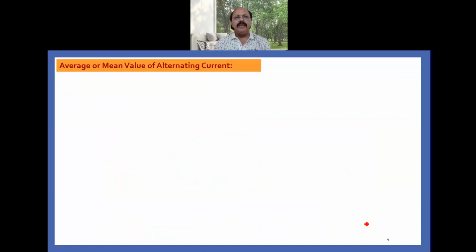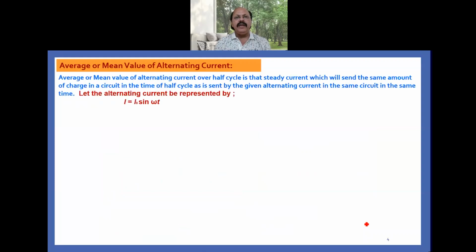Now the new topic is average or mean value of alternating current. So you understand like that here, average or mean value of alternating current over the half cycle we always calculate, because over the complete cycle it is zero.